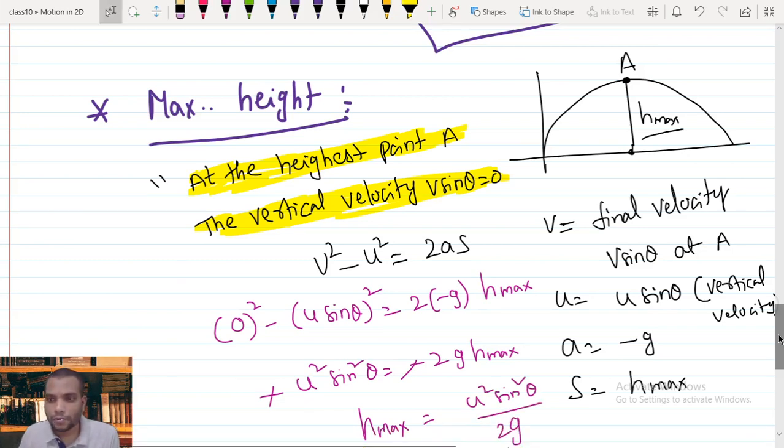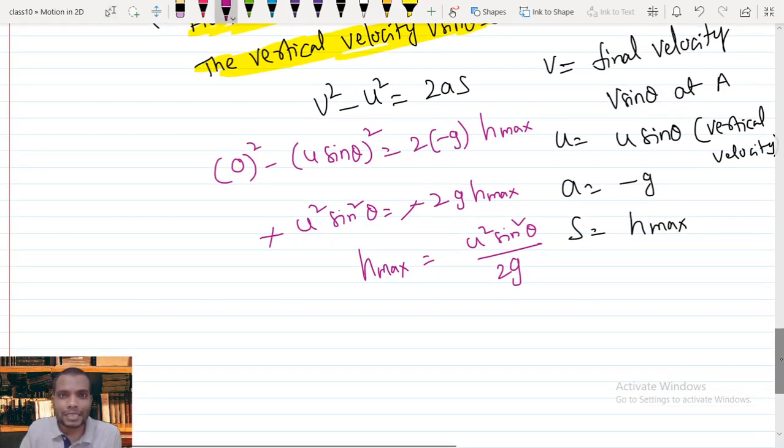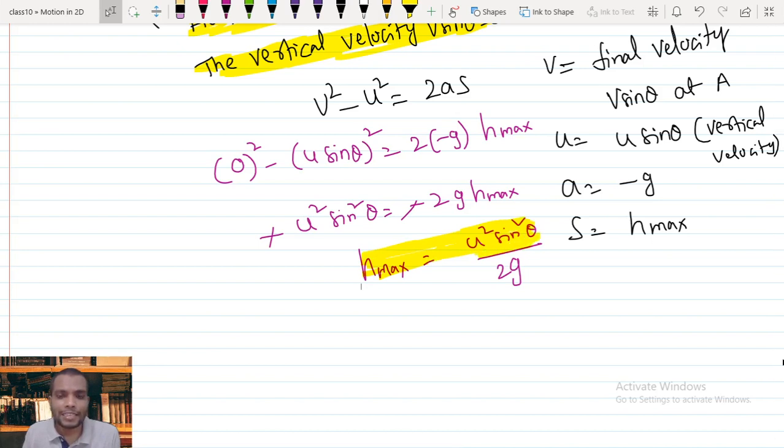This is the expression for maximum height. The maximum height depends on u, the initial velocity, and theta, the angle of projection. If theta changes, the maximum height also changes.